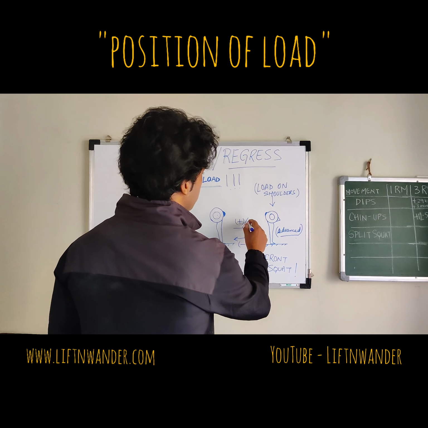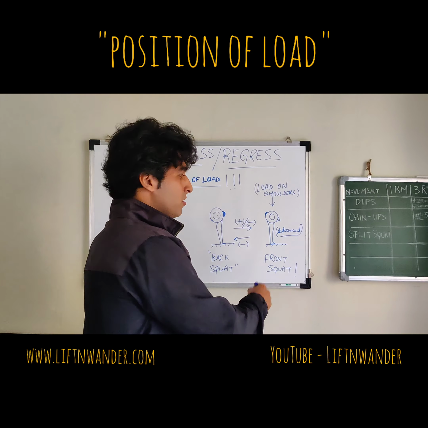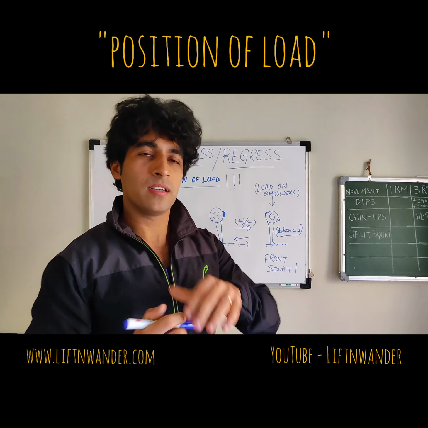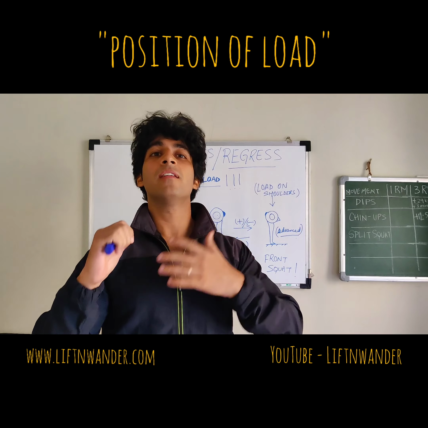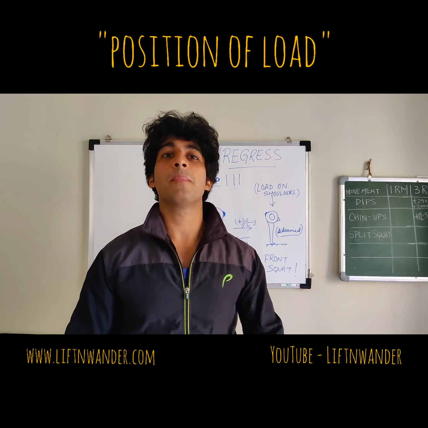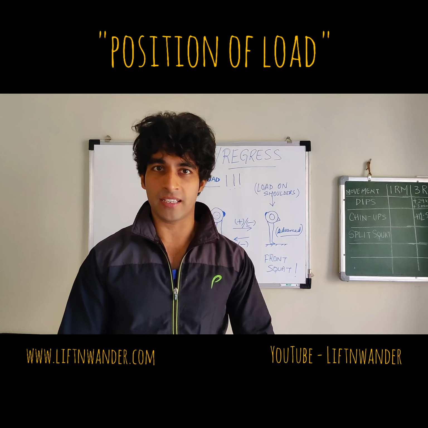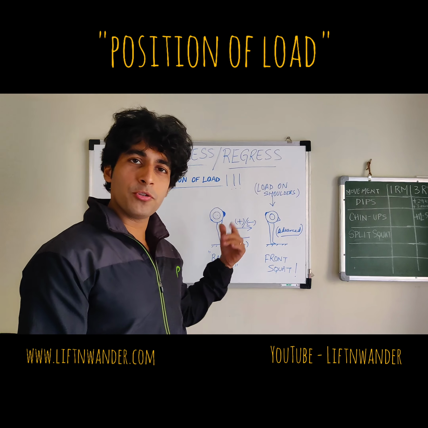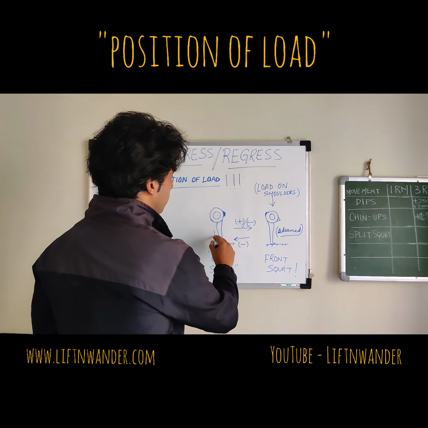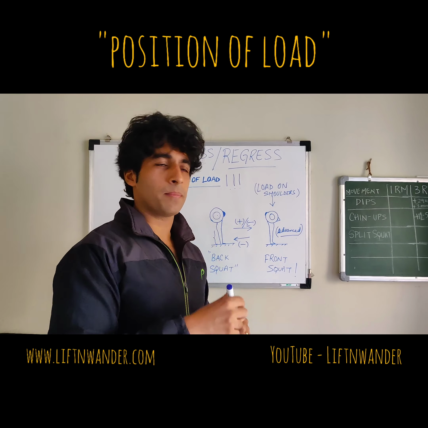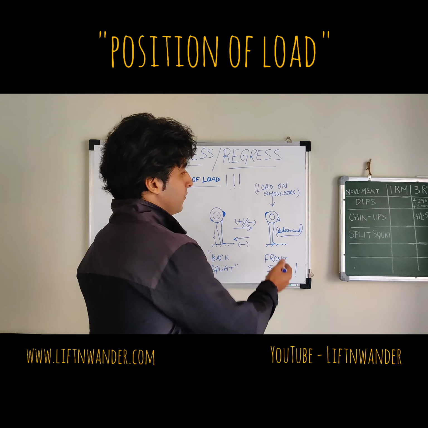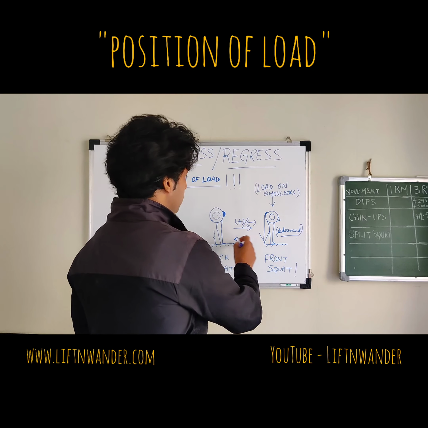So it's a regression to the back squat, because now if you have the load on your shoulders, you can keep more upright, you can learn to keep your chest up, and you can build more quads, your thighs. Otherwise, with the back squat, usually you are working more of the posterior, because you're sitting back, you're coming up, while with the front squat, you're really going down.